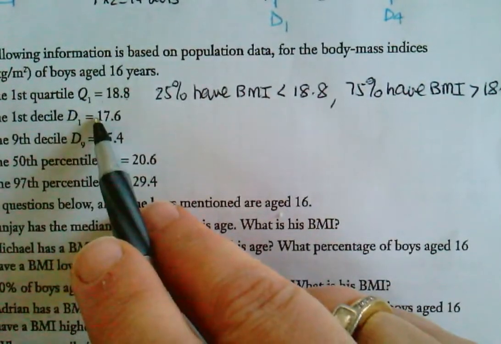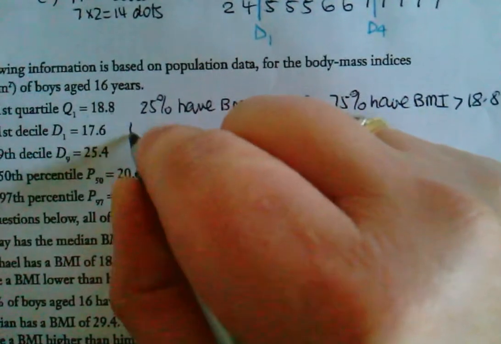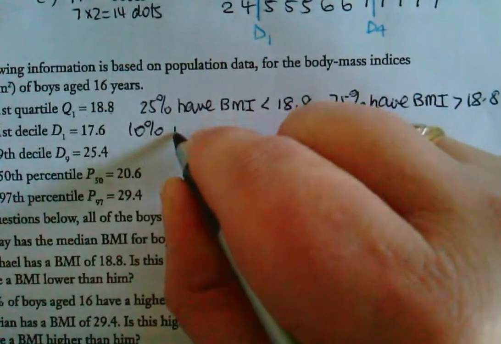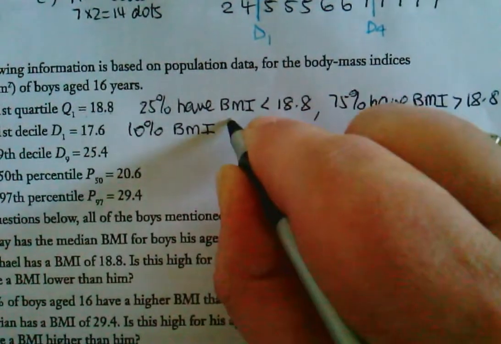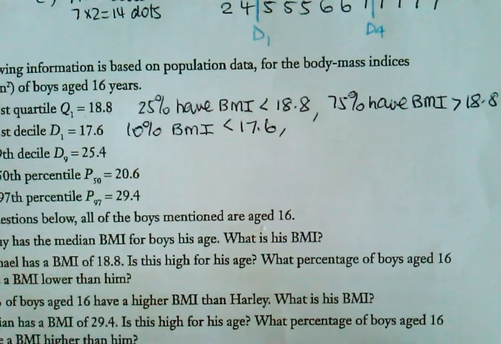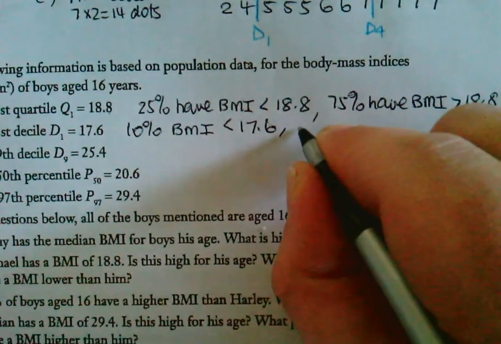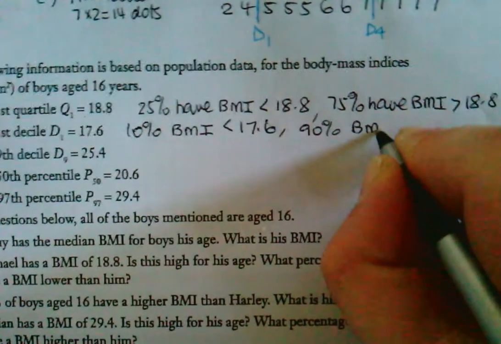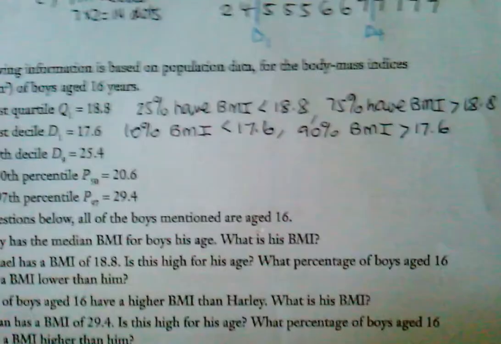If the first decile is 17.6, 10% BMI less than 17.6. What percent have a BMI greater than? Girls, 90. 90% BMI greater than 17.6.